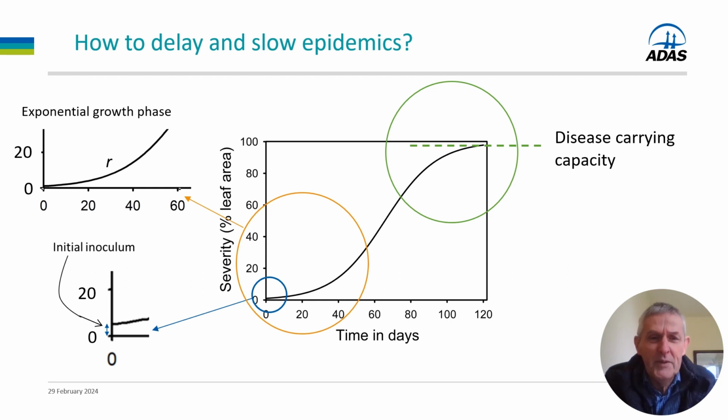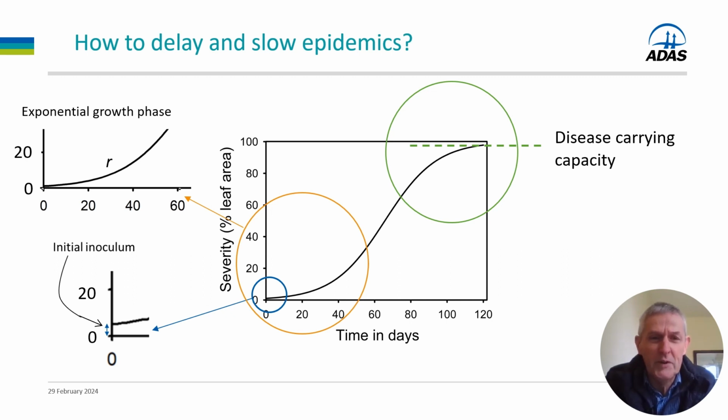But then we can see that if the epidemic is allowed to run, it starts to slow down and reaches eventually what we call disease carrying capacity, which is the upper limit of how much disease the crop canopy can support. Now, if nothing else constrains that carrying capacity, then what ultimately limits the epidemic is that the pathogen runs out of new leaf to infect.